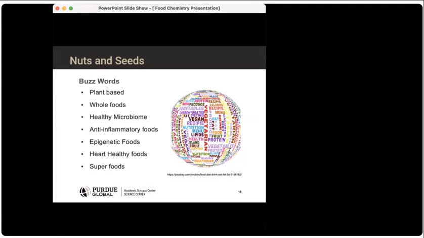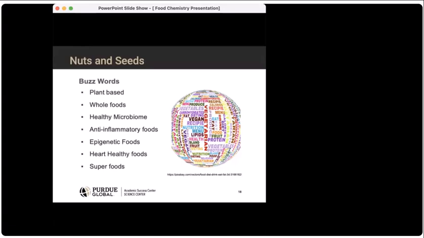They're anti-inflammatory as they contain monounsaturated fats, which are known to have an anti-inflammatory effect. They're heart healthy as they contain phytosterols and unsaturated fatty acids to reduce cholesterol levels. And so certainly that word superfood could apply to nuts and seeds, as they are definitely packed with a high nutrient content.